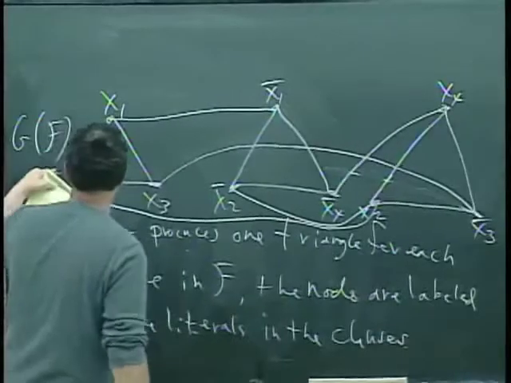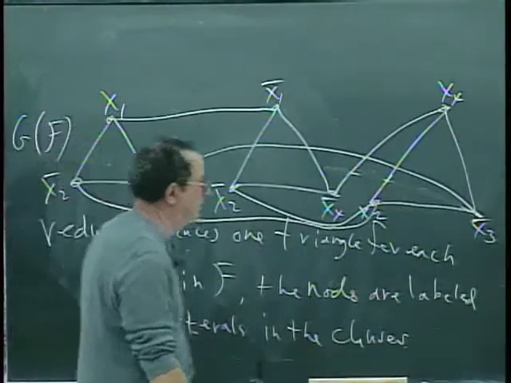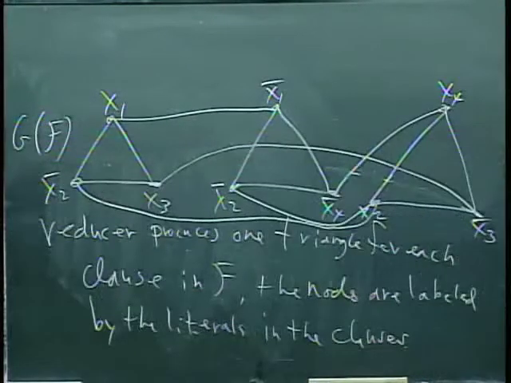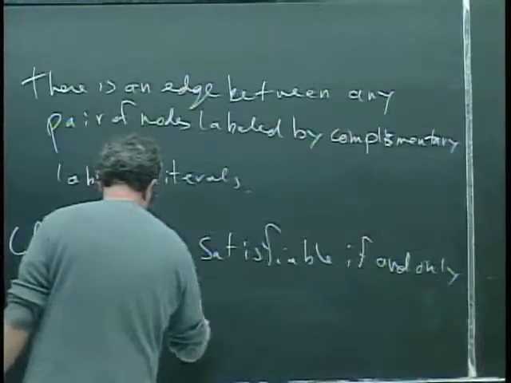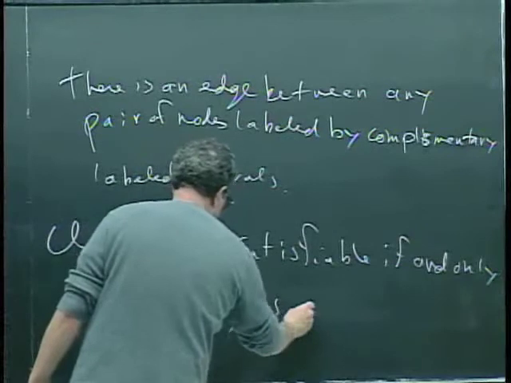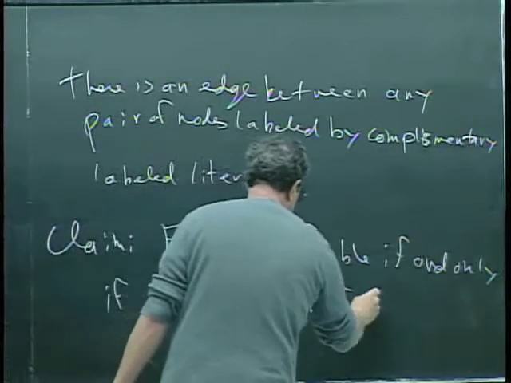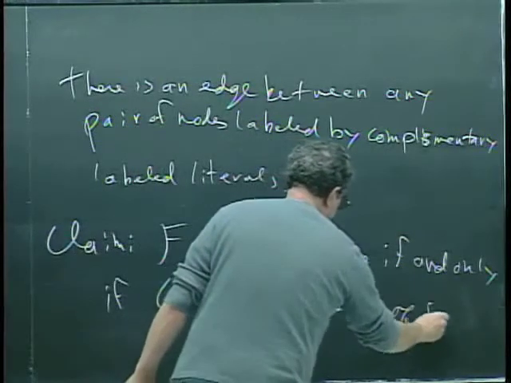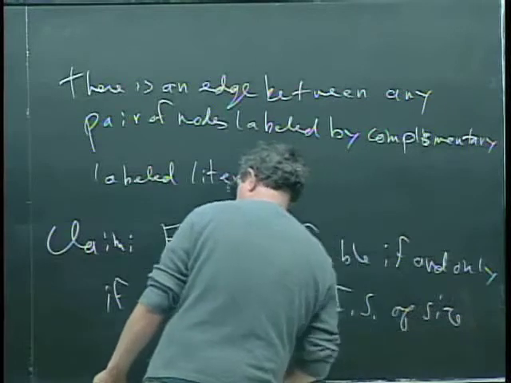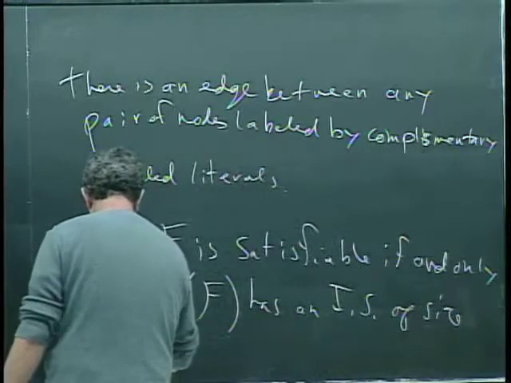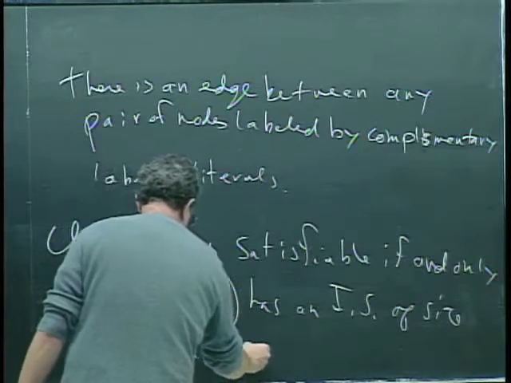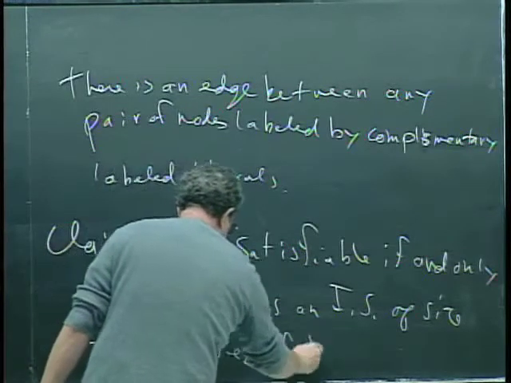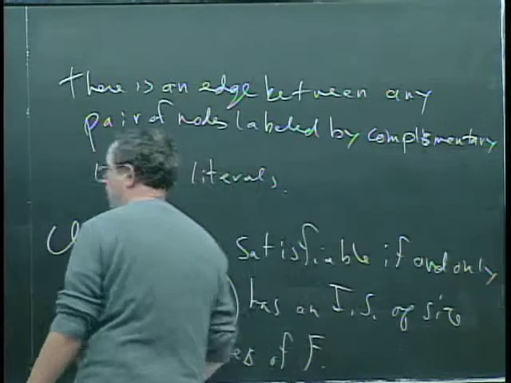That's a graph that was based on F. If and only if GF has an independent set of size equal to the number of clauses of F. Okay?